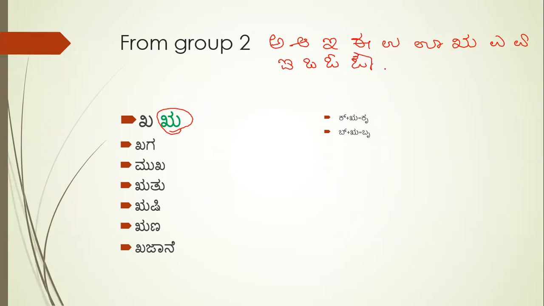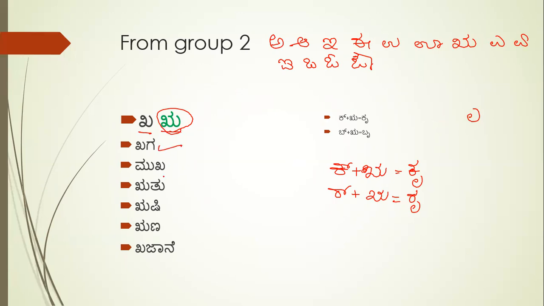These are the vowels. Now how to combine ru, the ru symbol is like this. It's very easy, right? If you take k plus ru, it becomes kru. Like r plus ru, it becomes ru. Fine. So we have k and ru here.